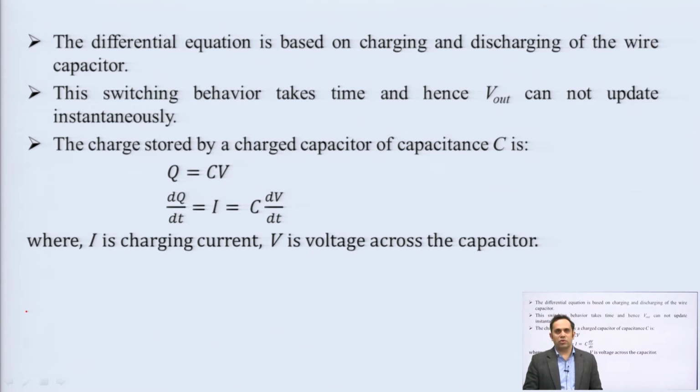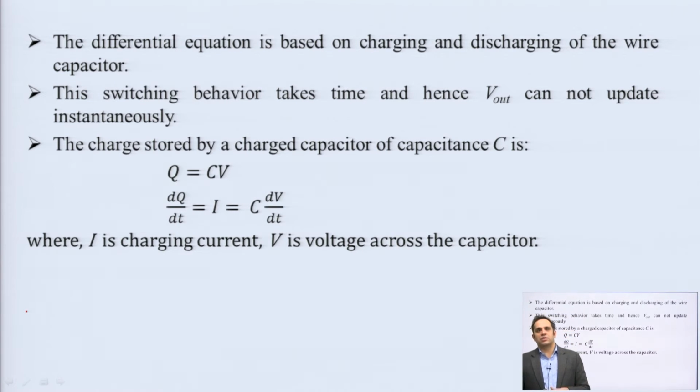Okay. So, as already explained, this differential equation is going to be based on charging and discharging of the wire capacitor. This switching behavior, once it charges say from 0 to some final value and then discharges from final to some initial value, takes time.